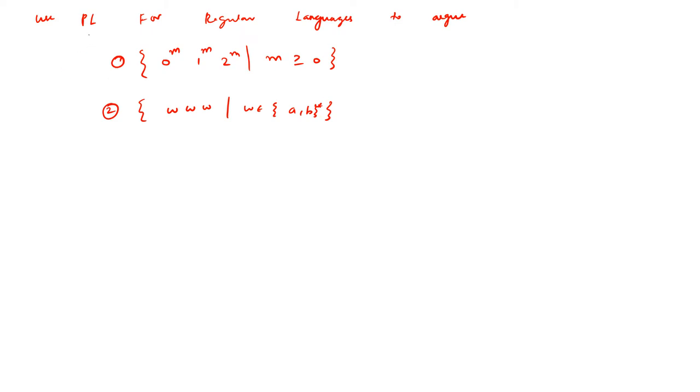These are the two questions. Now we will use the pumping lemma that we just saw to show that these two languages are not regular. Is the question clear to everybody? Yes. As I told you, we will prove by contradiction.